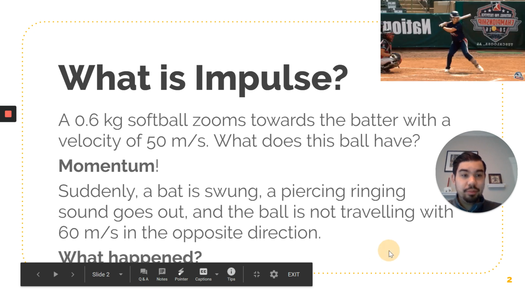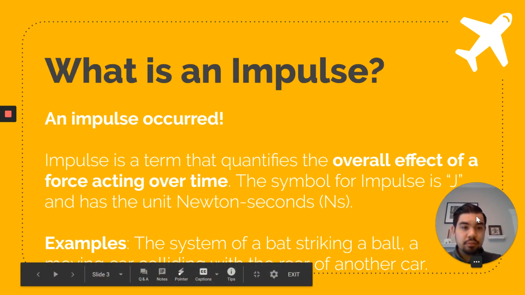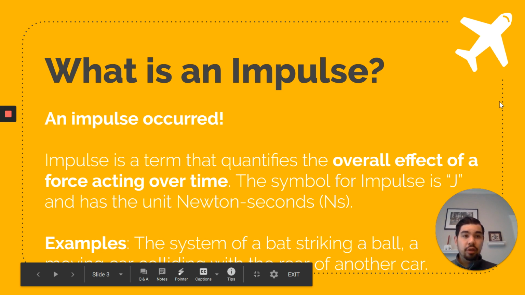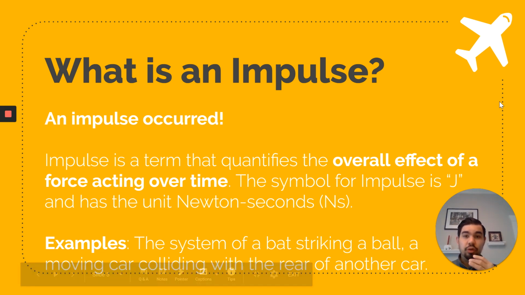So what happened? This is a case where we get an impulse, where the ball collides with the bat and now is moving in the opposite direction. That moment is called the impulse. So impulse is a term within a system that's the overall effect of a force acting over a time.